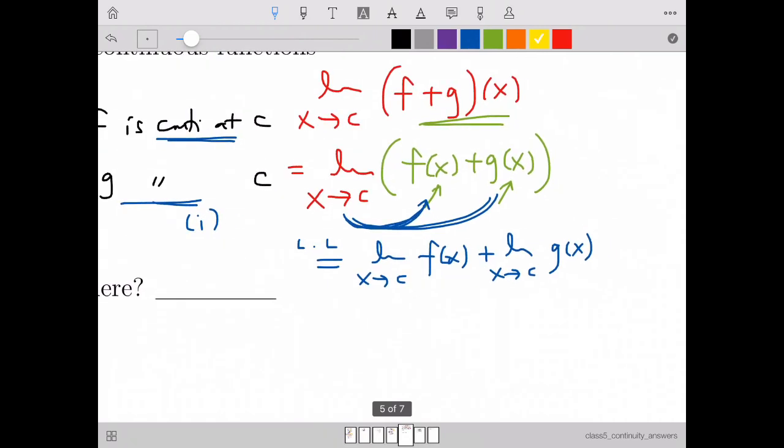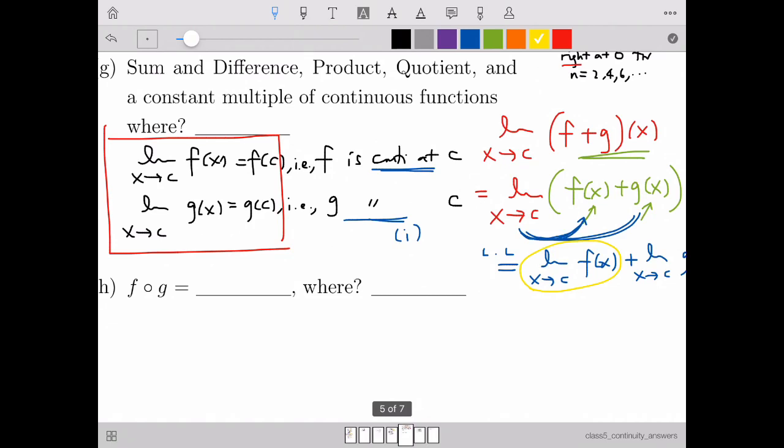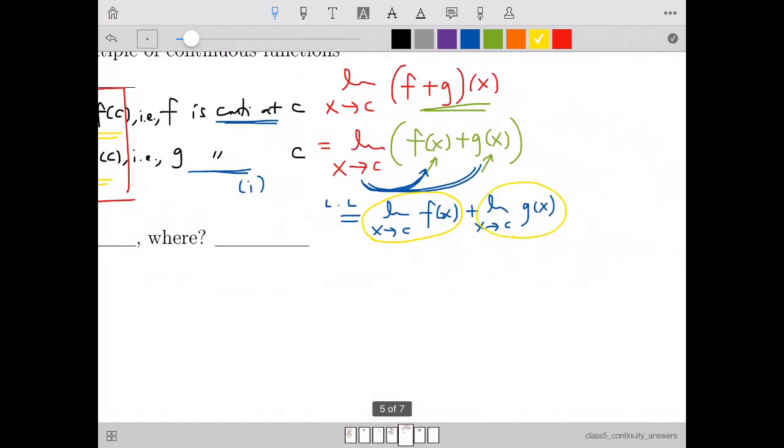Now, what was this? Yes, by continuity, the limit of f was f at c. By continuity, the limit of g was g at c. So by continuity of f and g individually, we get f at c plus g at c.